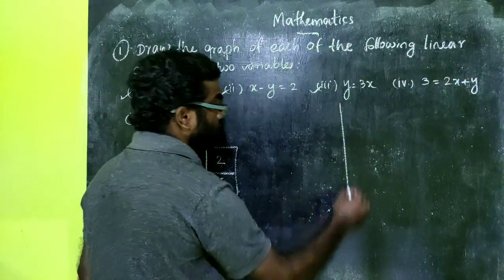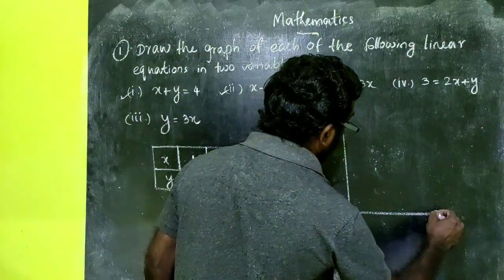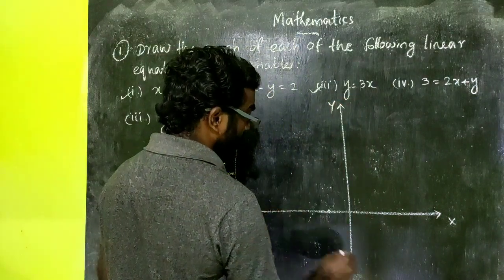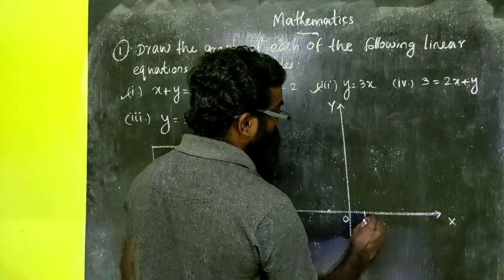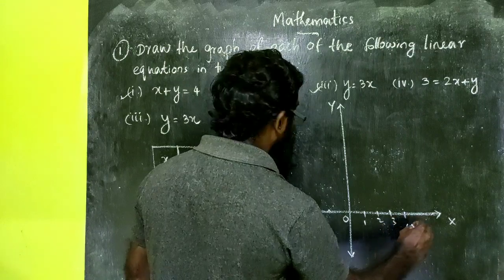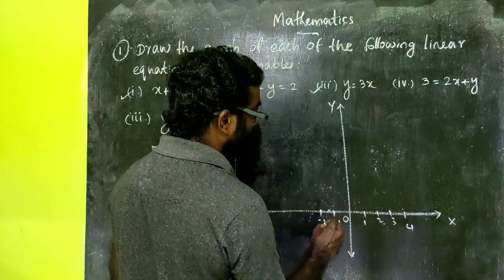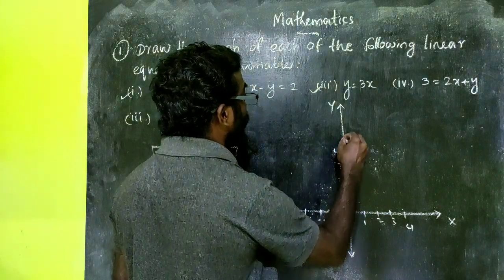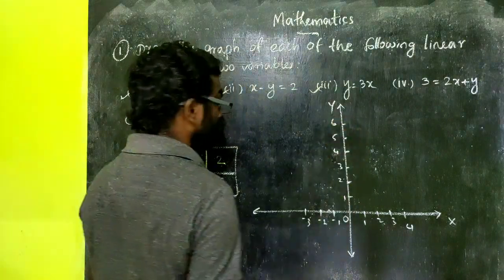Here we can mark the x-axis and y-axis. Then 0, 1, 2, 3, 4, minus 1, minus 2, minus 3, and 1, 2, 3, 4, 5, 6.